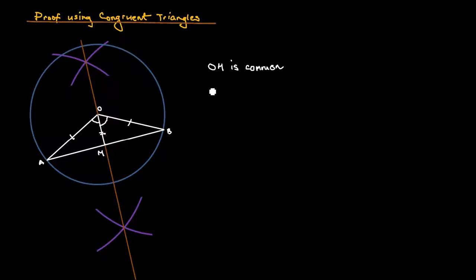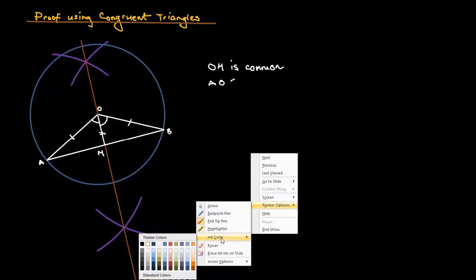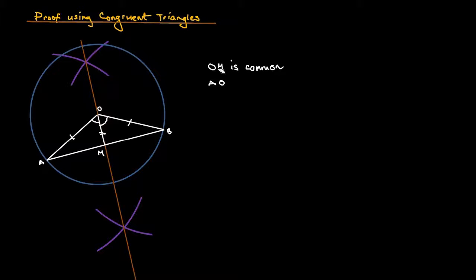We've got AO must equal OB. Why? Because they're radii, so we can just write radii.